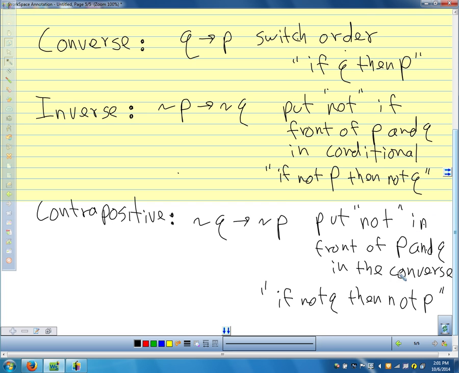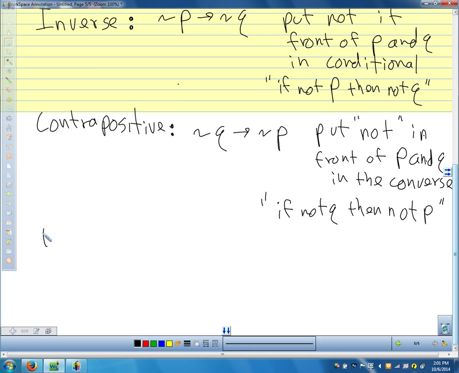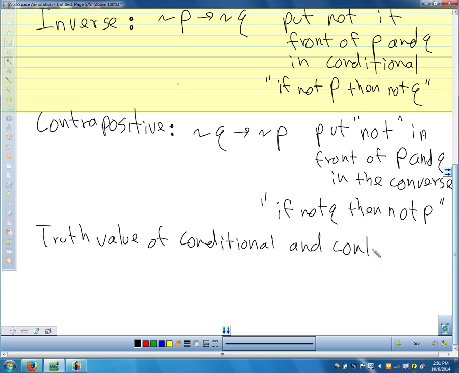And the reason these are important is that the truth value of a conditional and the contrapositive are the same. So if the conditional is true, then the contrapositive is true.